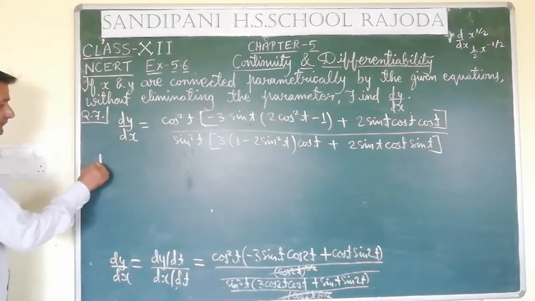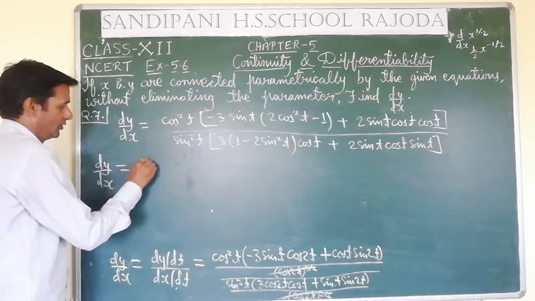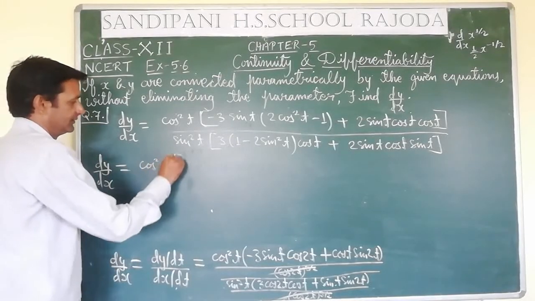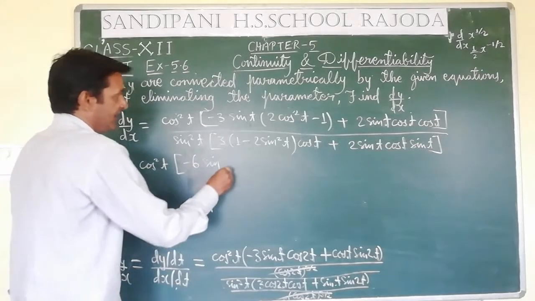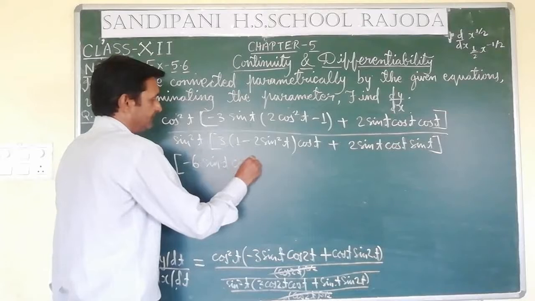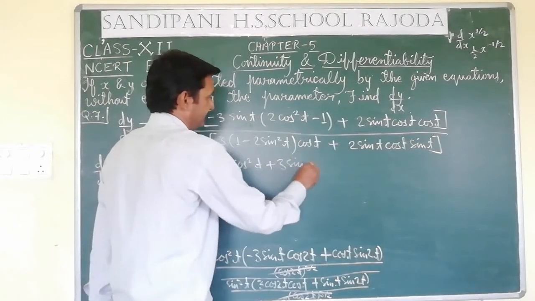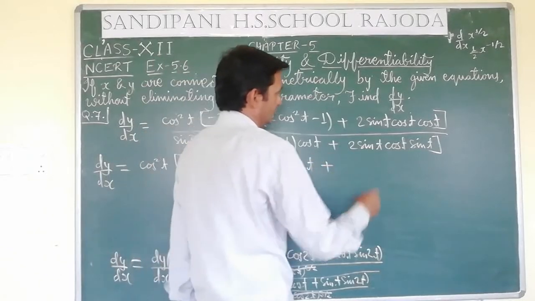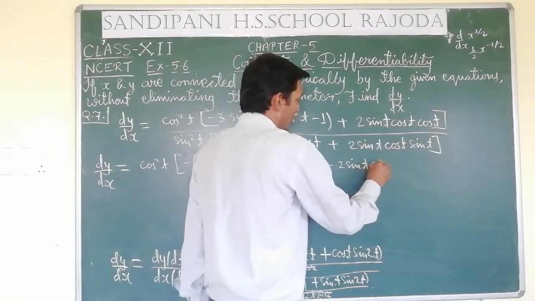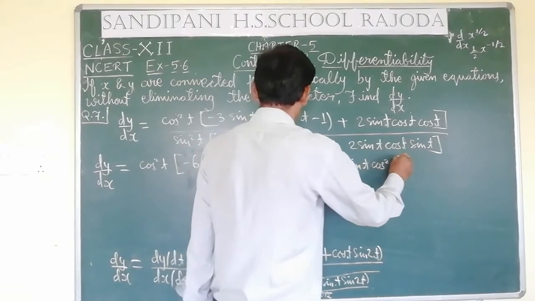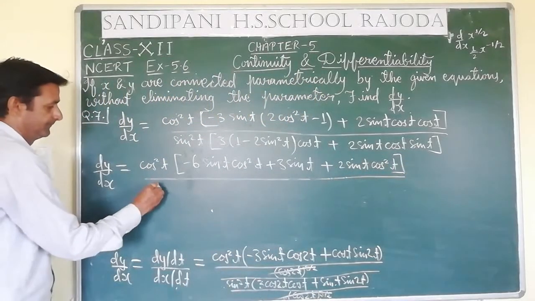Now dy by dx is equal to cos square t minus 3 sin t into cos square t... minus 6 sin t cos square t, minus into minus is plus 3 sin t plus 2 sin t into cos square t, upon sin square t.